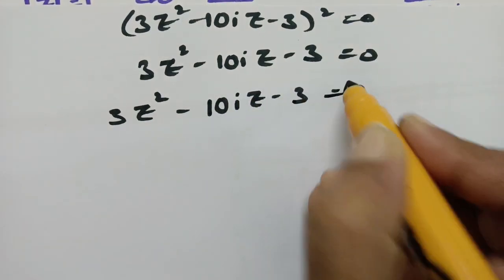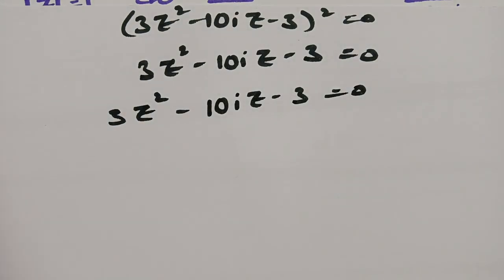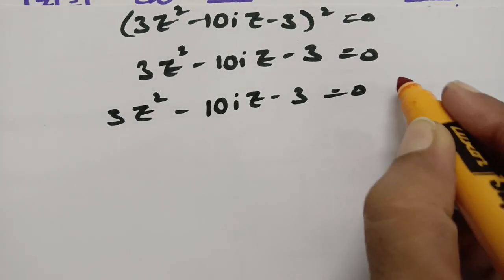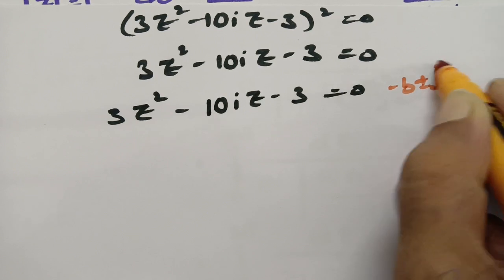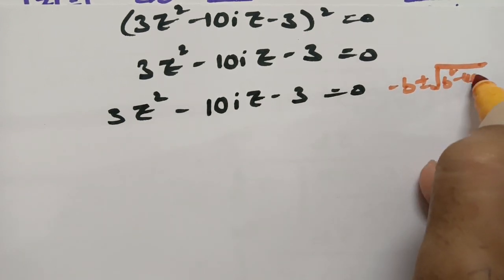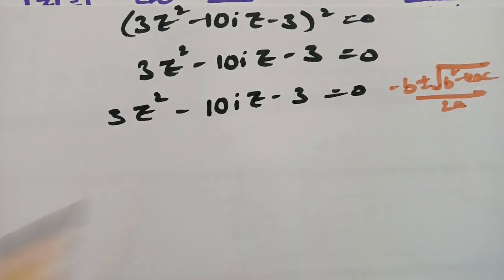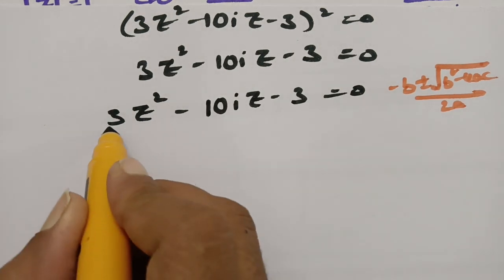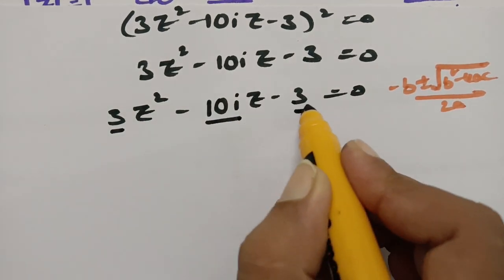So here is the formula for this. What is the formula? The formula is minus b plus or minus root over b square minus 4ac by 2a. If I substitute in this formula, this is a, this is b and this is c.